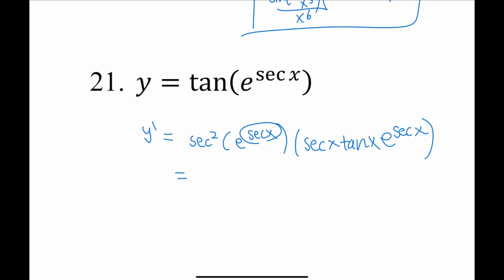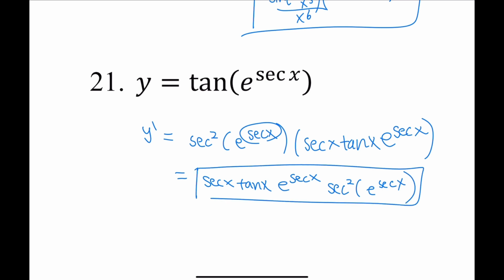Okay, and then that gives us, well, yeah, this is basically just the answer. Secant x, tangent x, e to the secant x times secant squared of e to the secant x. Yeah, this is our answer.